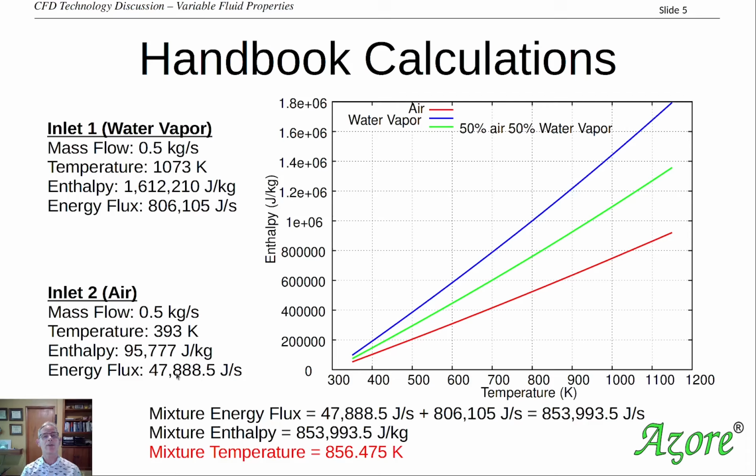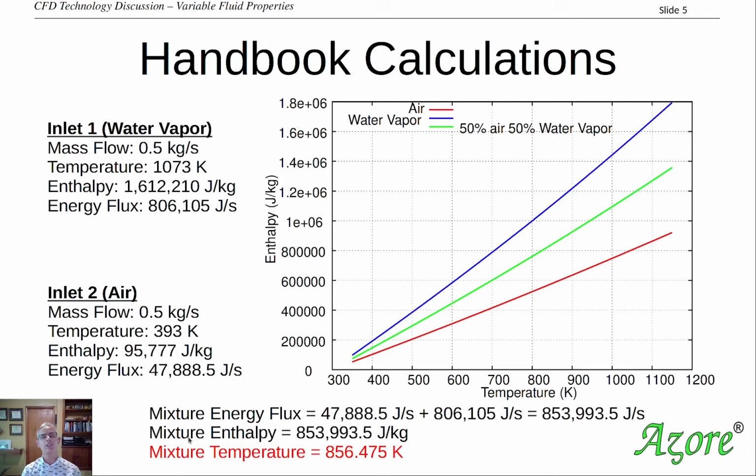Now we know the total energy flux coming into this system, and we can add those two together to find the total amount of energy coming in. Once we know that, we can use the total mass flow rate, which is the sum of the air and the water vapor, and divide the energy by it to come up with a mixture enthalpy.